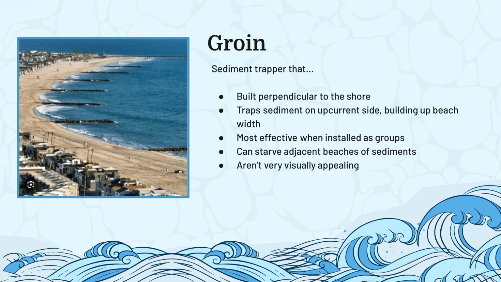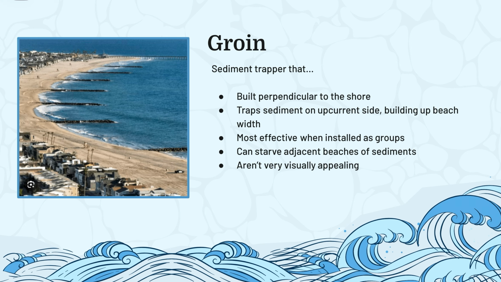These come directly out of the beach, and they are perpendicular to the shore. You can kind of see they're not the best looking, but they basically trap sediment on the upcurrent side, and so that helps the beaches stay beaches. And it interrupts longshore transport, so sediment transport.